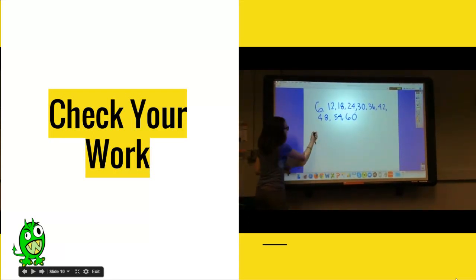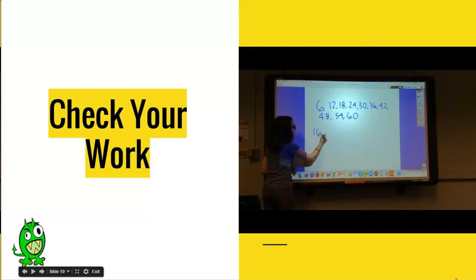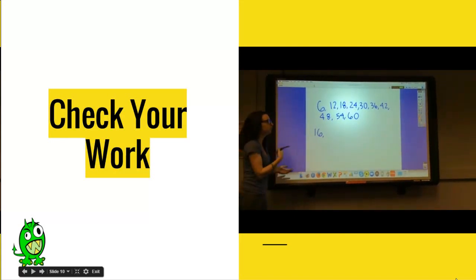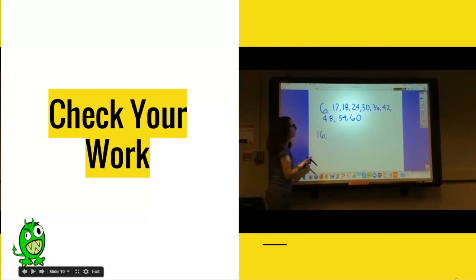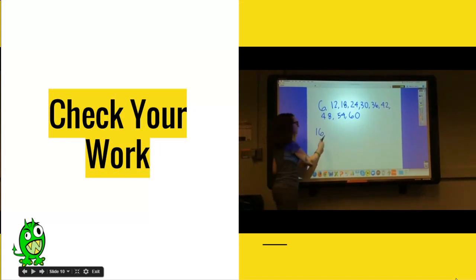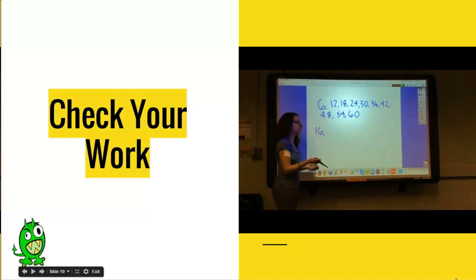So for the next one, I'm going to do 16. And for this one, it's a little harder to skip count, so I'm going to either do repeat addition, adding 16 as you go, or kind of look at it as multiplication.